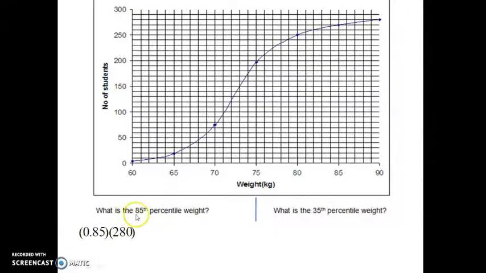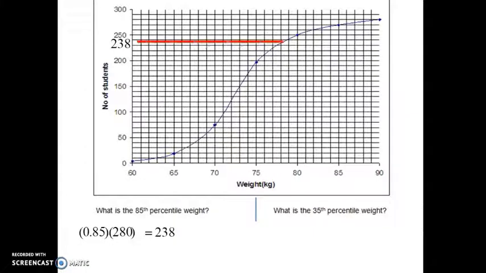So we take that percent, 85%, and make it a decimal, 0.85. We multiply by the total number of students. That gives us 238. This tells us that 238 students, which is going to be around here, is the number at which is the 85th percentile.